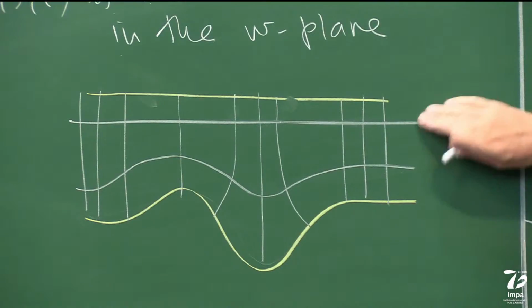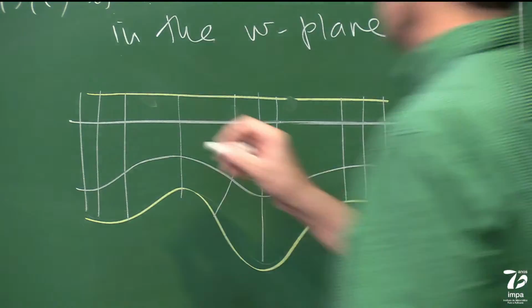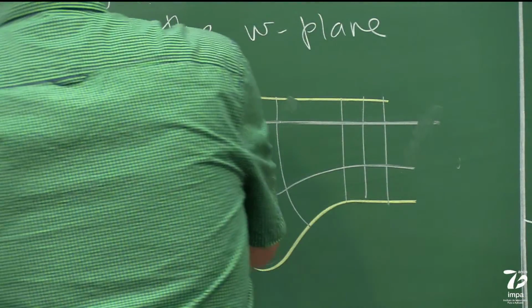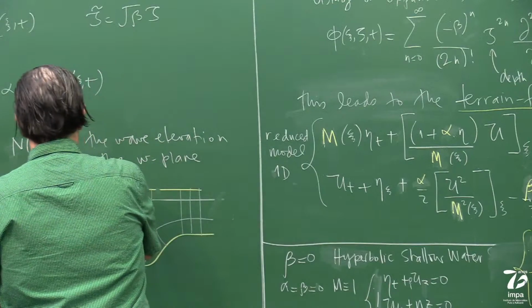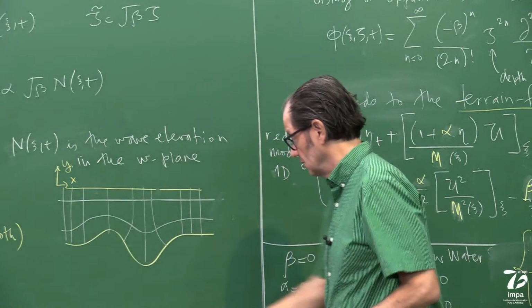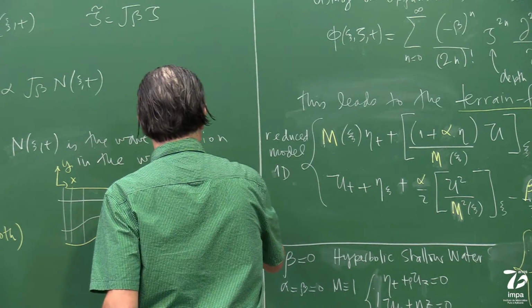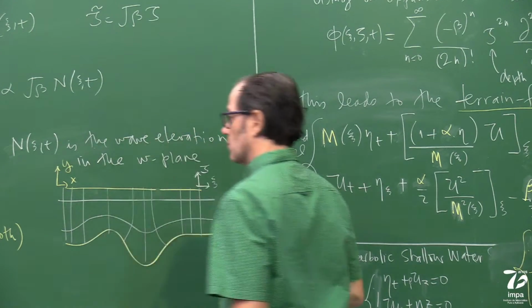Let me draw like this. Here in yellow, I have my XY coordinate system, but in white, I have my xi-zeta coordinate system.